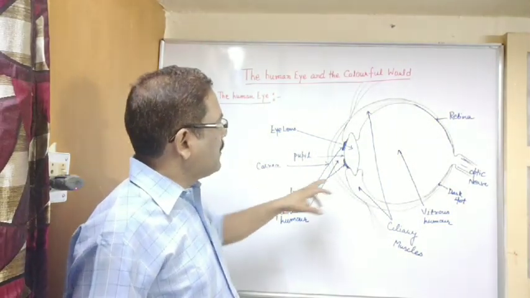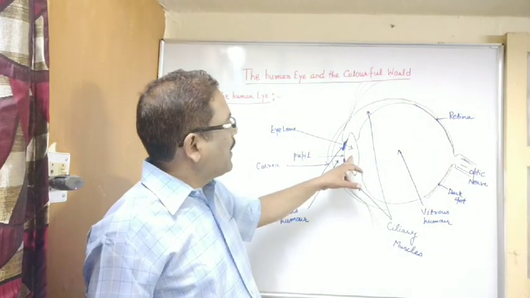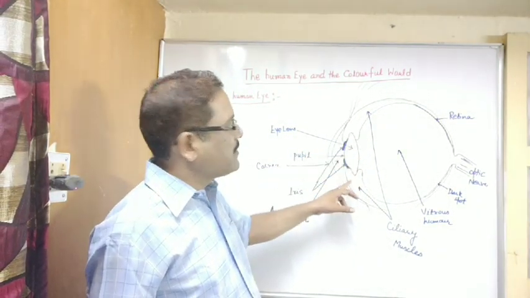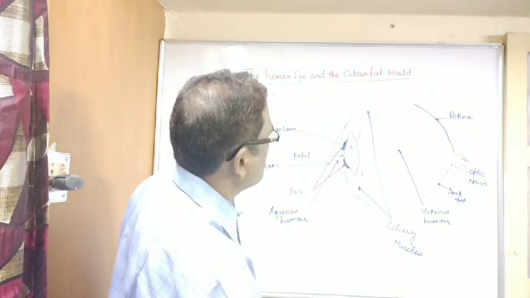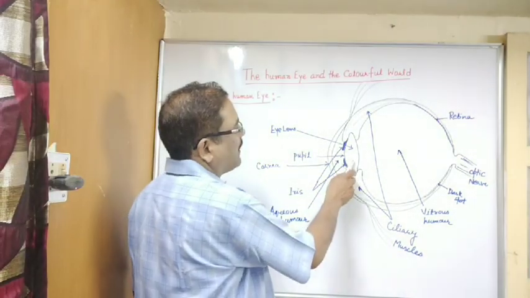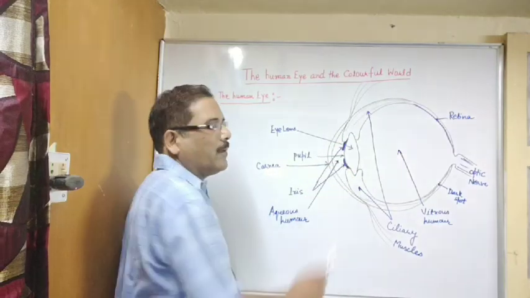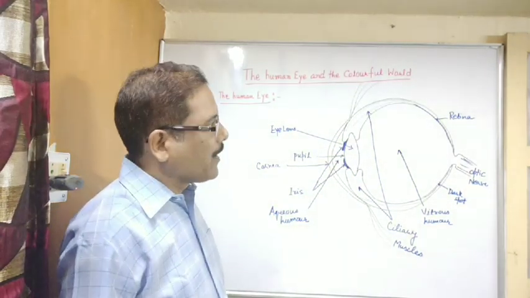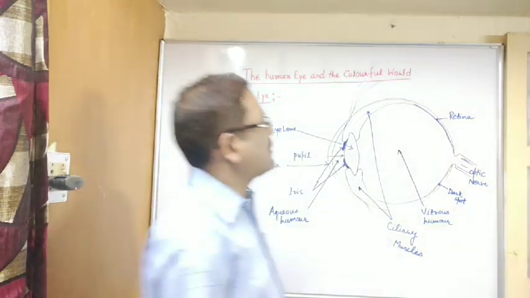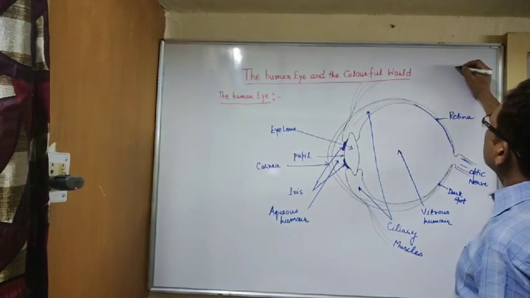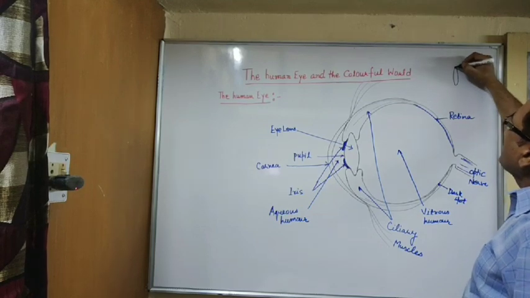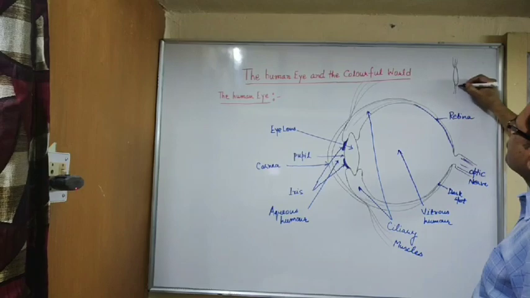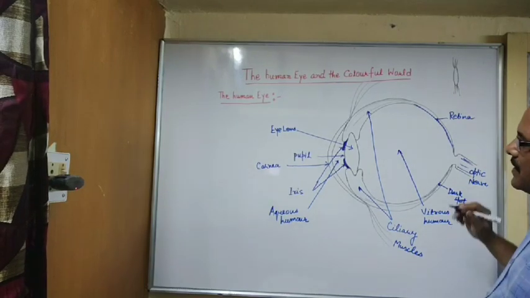Behind the cornea there is an eye lens, and the eye lens is held in its position with the help of ciliary muscles. Now you can think in this way. Suppose this is the eye lens. The eye lens is convex and the ciliary muscles are attached to it. Suppose these are the ciliary muscles.